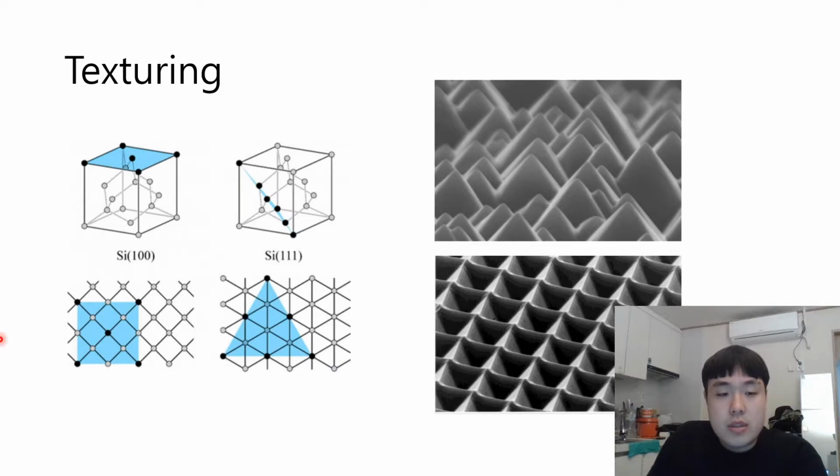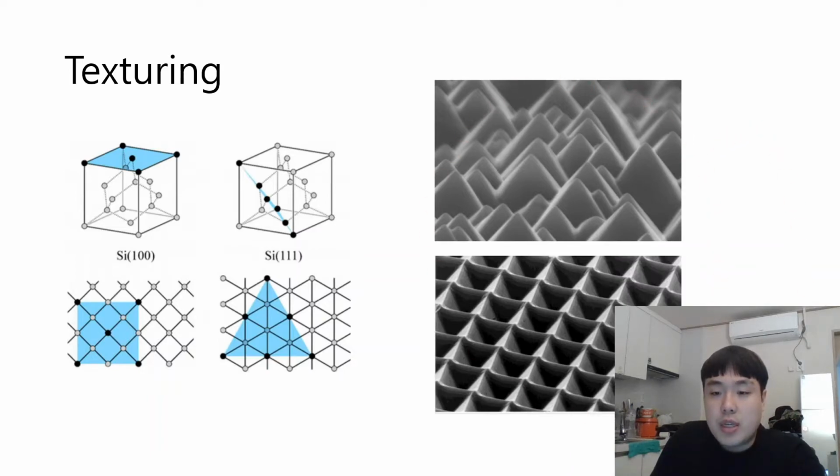The next figure is about the surface density of 100 silicon and 111 silicon, and we know that the 100 surface density is lower than the 111 silicon surface. So we can more easily texture the silicon surface when we use the 100 surface.